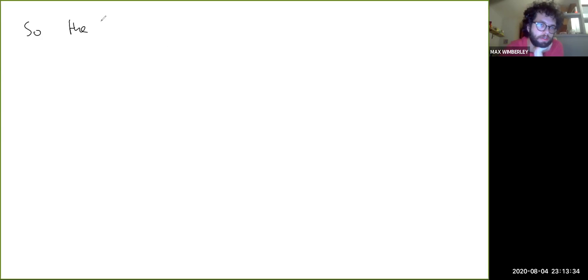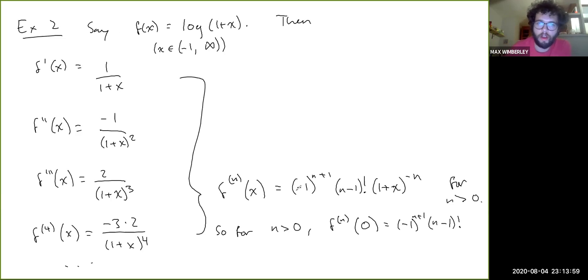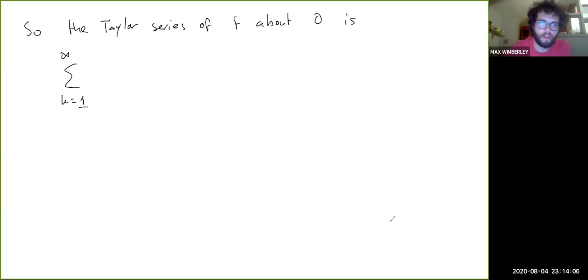So the Taylor series of f about 0 is the sum from k equals 1 to infinity. For convenience, let's start from k equals 1, because f of 0 is just 0, so the first term in the Taylor series is automatically 0.